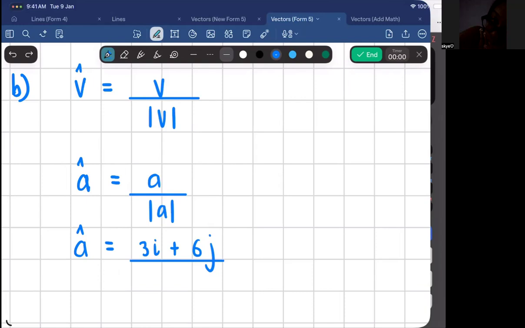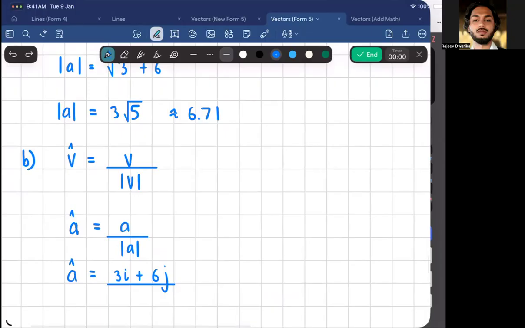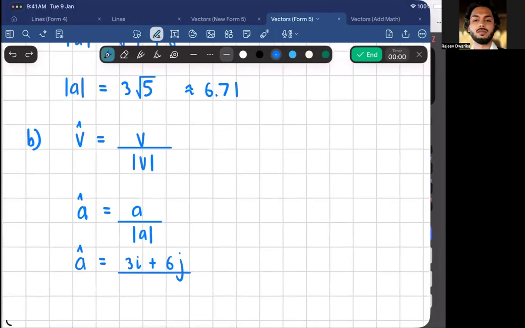And do we know what the magnitude of A is? Sky, what did you get for the magnitude of A? So 6.7. Right, but the exact answer will be 3 root 5.